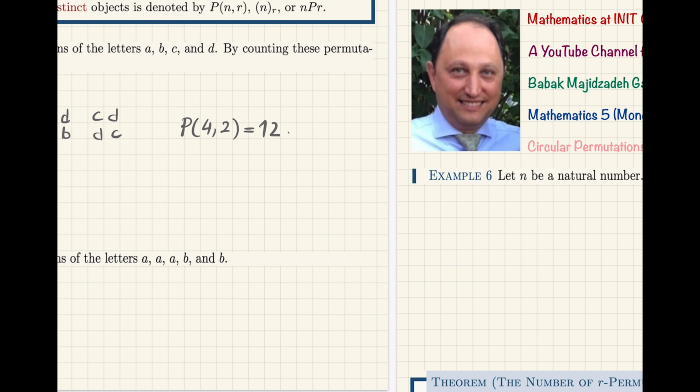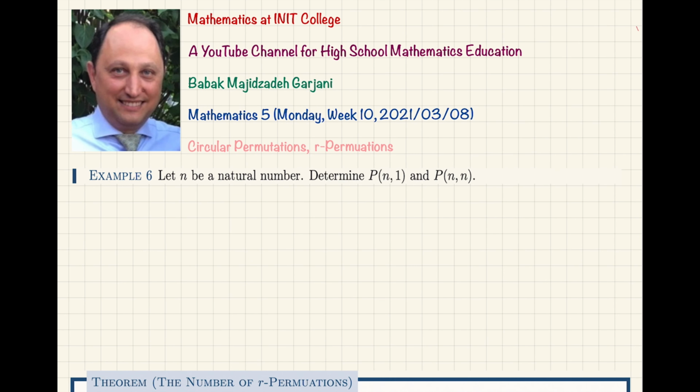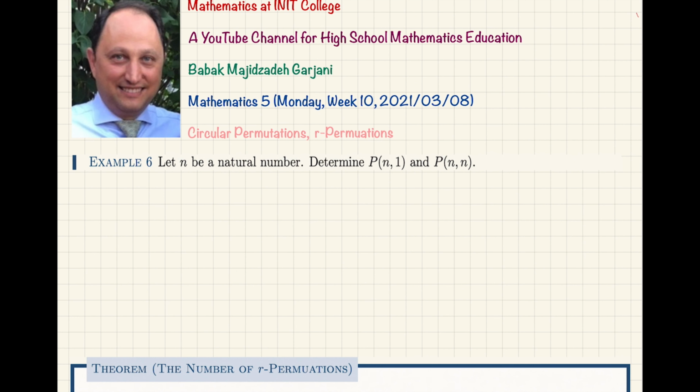Okay, so let us go to this problem. What do you think about these numbers? Of course, in the next theorem you see on top of here, I will give you the formula. But without having that formula, in principle, you should be able to tell me immediately what these numbers are. Assume that n is a given natural number, 10, I don't know, 15, whatever.